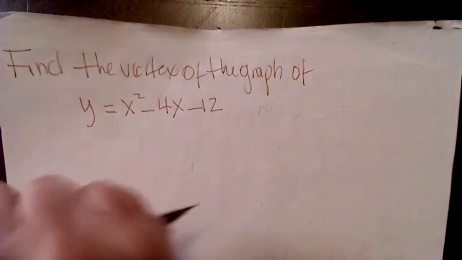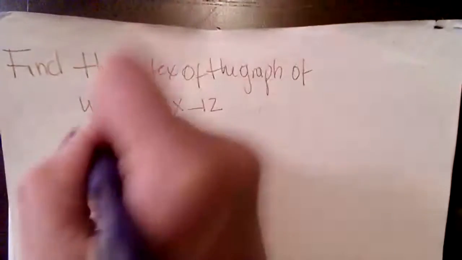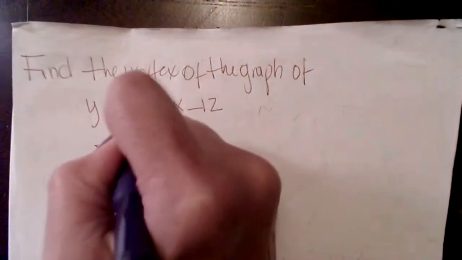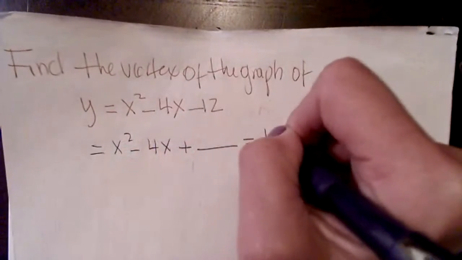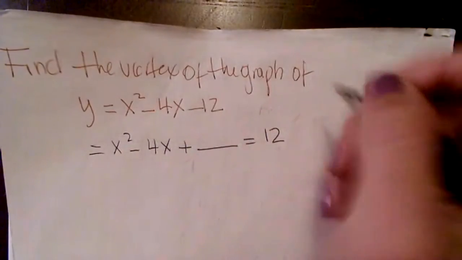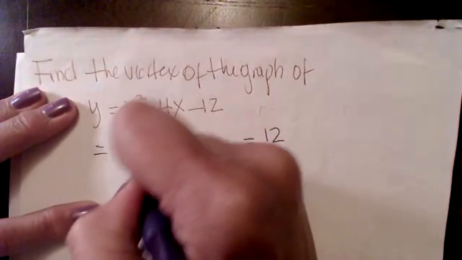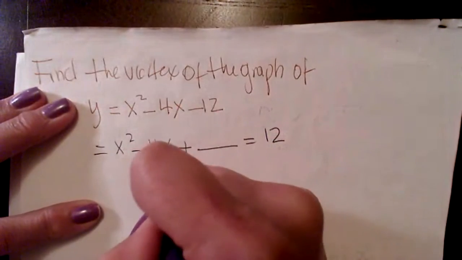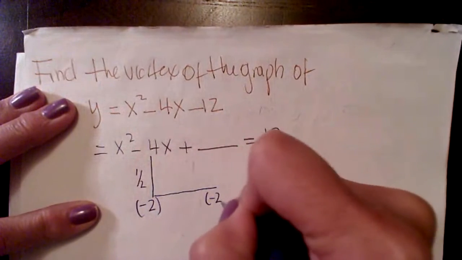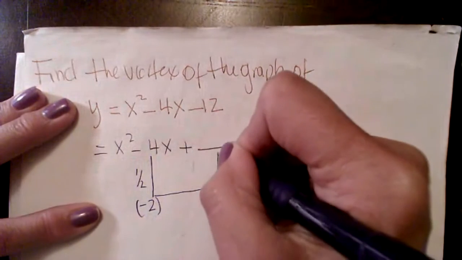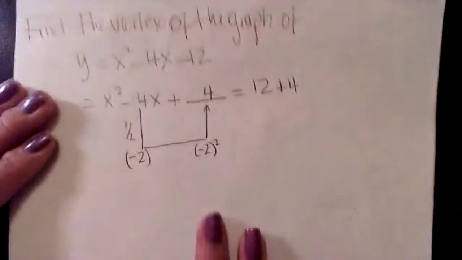Okay, so let's complete the square. So we know positive 12. Move it to the other side. Now, half of this is going to be negative 2. Now, negative 2 squared will be 4, and we're going to add 4 on both sides.